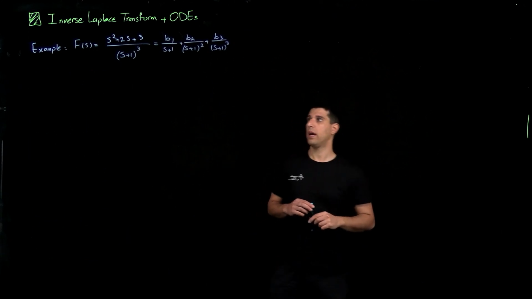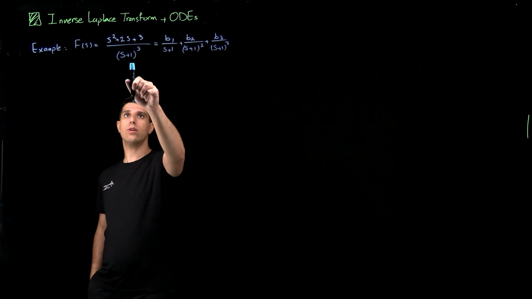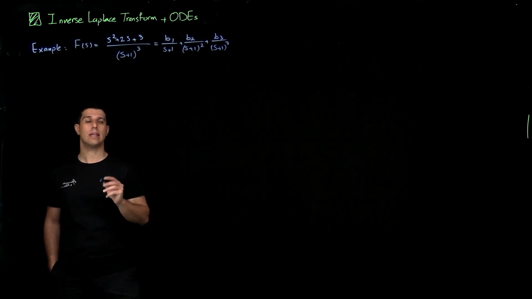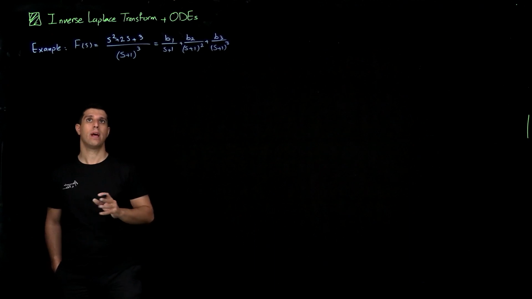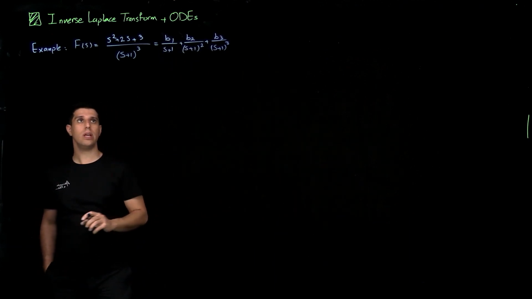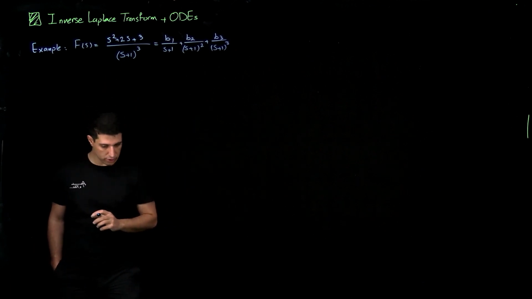Okay, so let's look at this example. We have a pole of order 3 at s equals minus 1. We want to find the coefficients b1, b2, and b3 to reconstruct this fractional function.